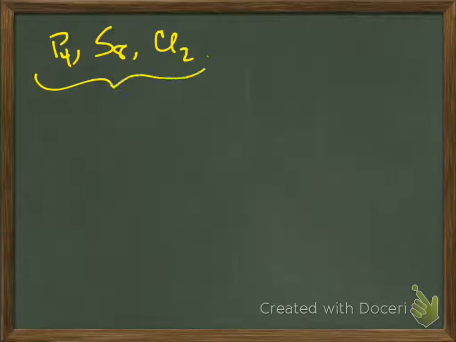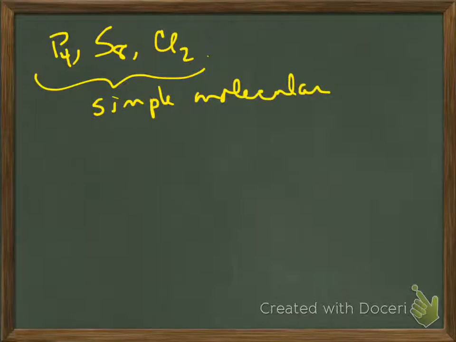When we take a look at phosphorus, sulfur, and chlorine, which exist as P4, S8, and Cl2, these are simple molecules held together by those intermolecular forces.